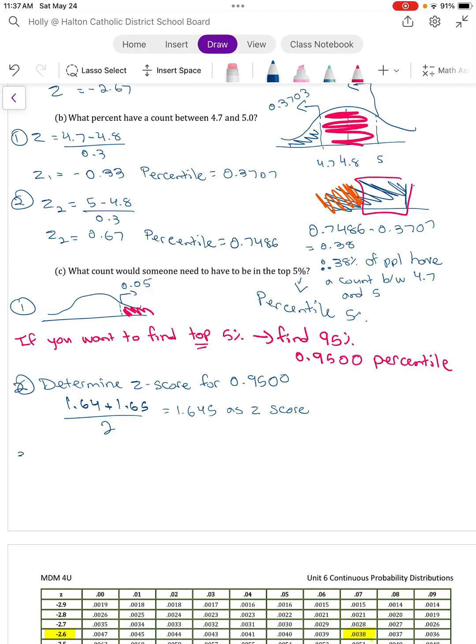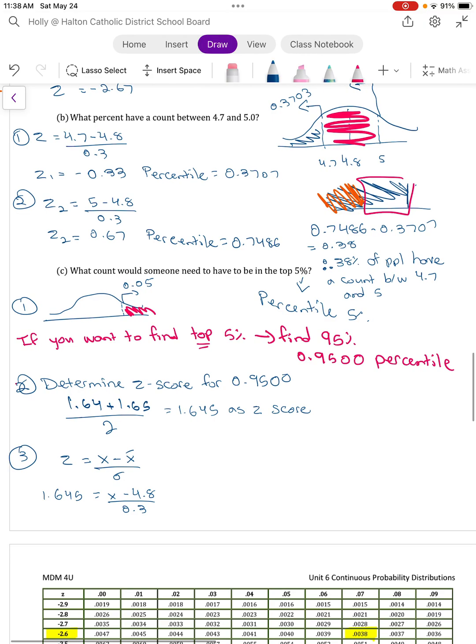So now for part 3, let's write out the formula. They're asking what count I would need. So what's the observation that I need to have? I know the z-score is about 1.645. You could also use the 1.65. Should give you something still similar. I don't know this observation. That's what I'm trying to find. Minus 4.8 divided by my standard deviation of 0.3. We're going to multiply.